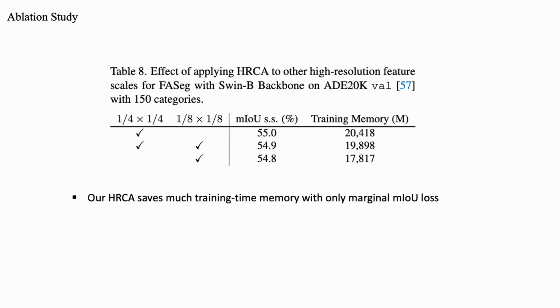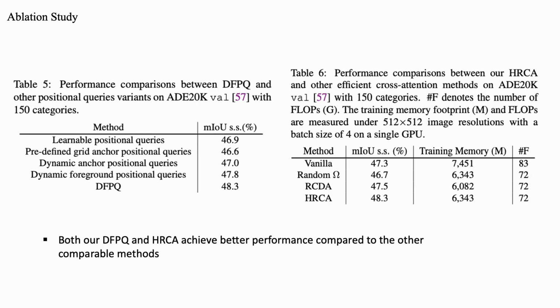After that, we show that our HRCA saves much training time memory with only marginal mIoU loss on the ADE20K dataset. We next show that our DFPQ is clearly better than all different kinds of positional queries, and our HRCA also beats the other efficient cross-attention methods.